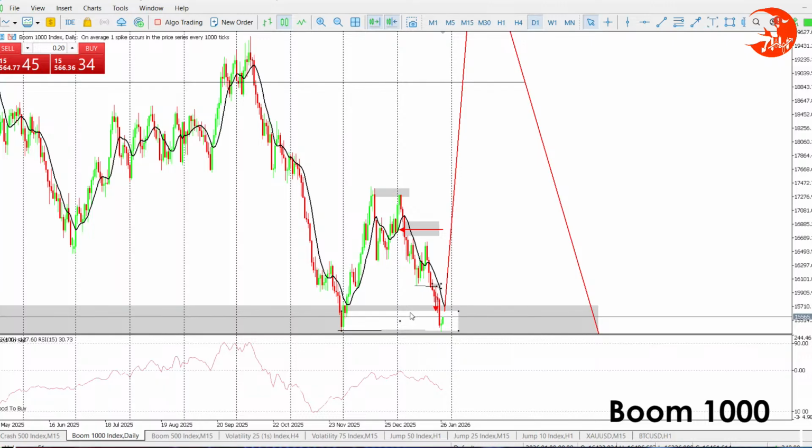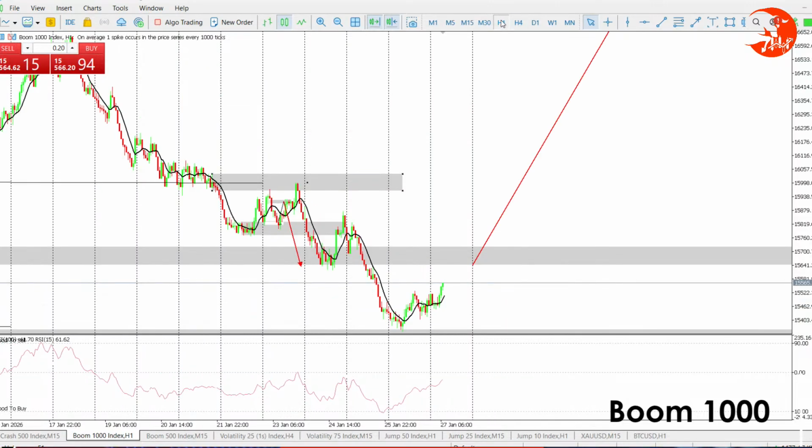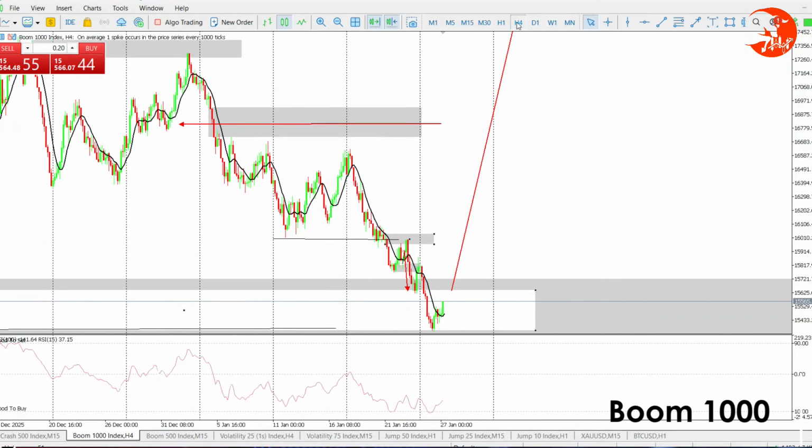It is on a daily time frame. Now it has reached it, and I believe now we are clear for the buys. You can see yesterday started buying, and we started to have buys on Sunday. Yesterday we started to get in with buys.